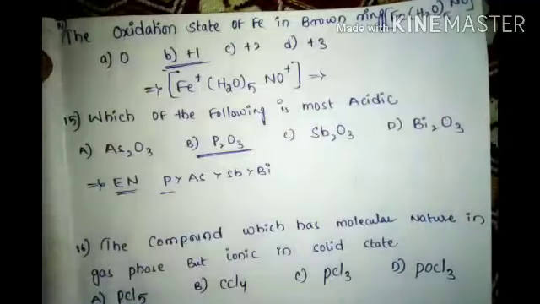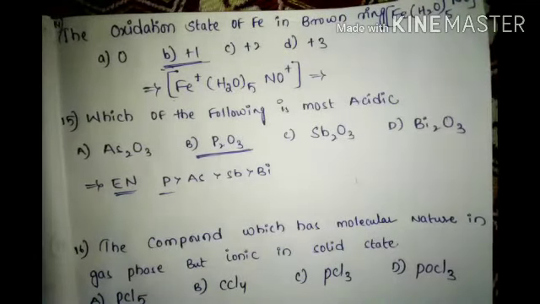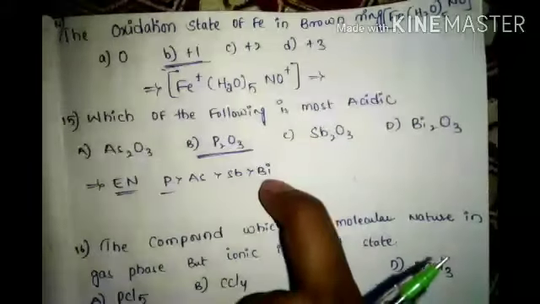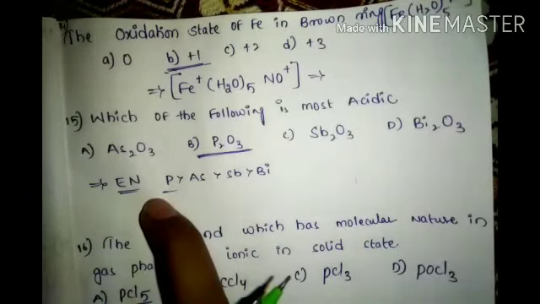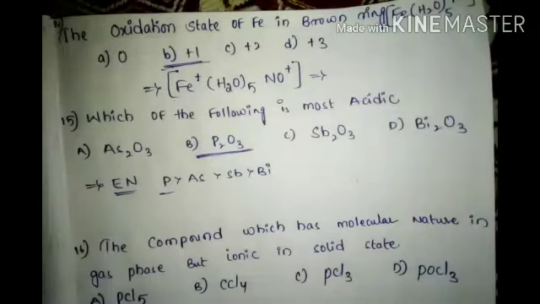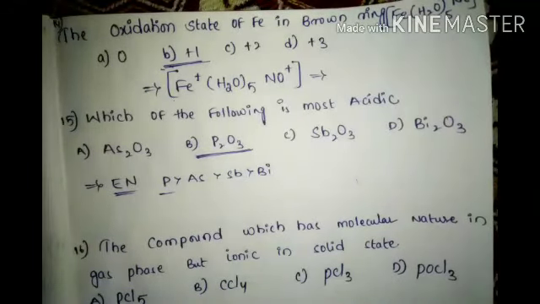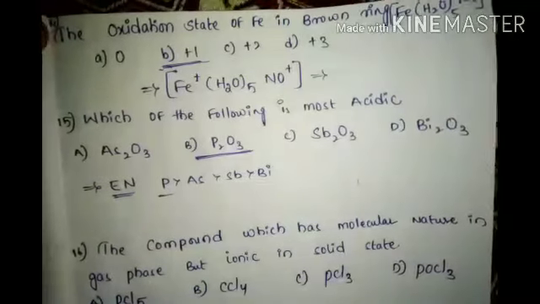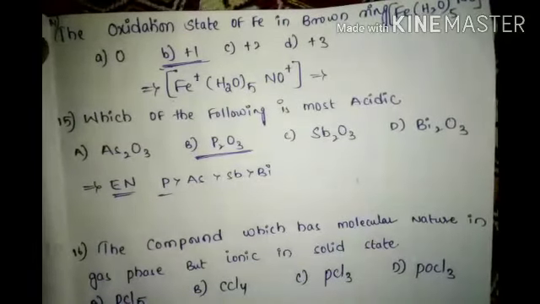That's why option B is the correct answer. P2O3 is the most acidic because electronegativity decreases in the order from here to here. So P has more electronegativity. Basic nature decreases and acidic nature increases with electronegativity.